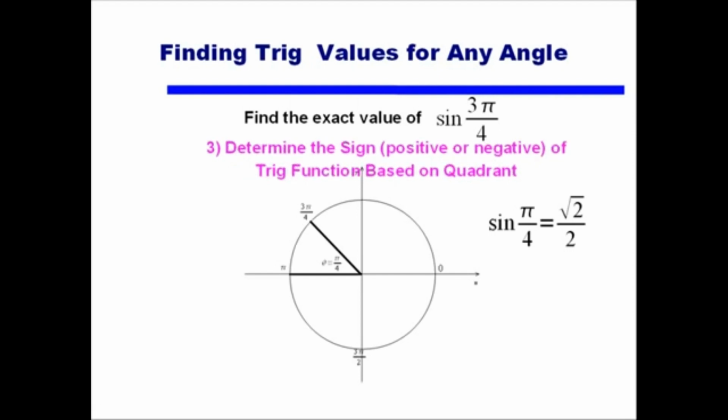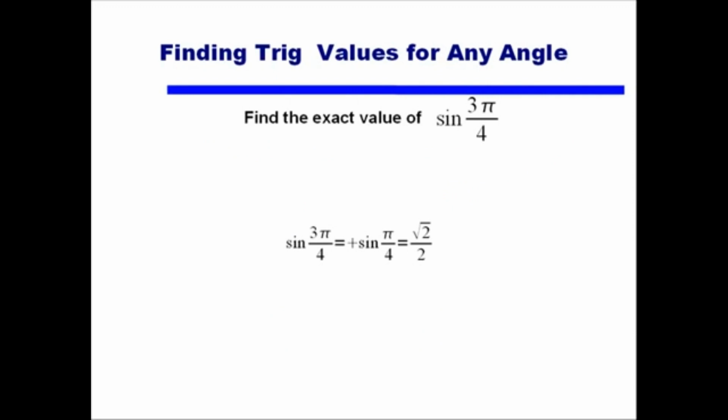We have to think of whether sine is positive or negative in the quadrant that the terminal side ends up in. Well, terminal side is in quadrant number 2, and we remember in quadrant 2 sine is positive. So that means the value of sine of 3 pi over 4 is going to be positive. In fact, the sine of 3 pi over 4 is equal to positive sine of pi over 4, or square root of 2 over 2.